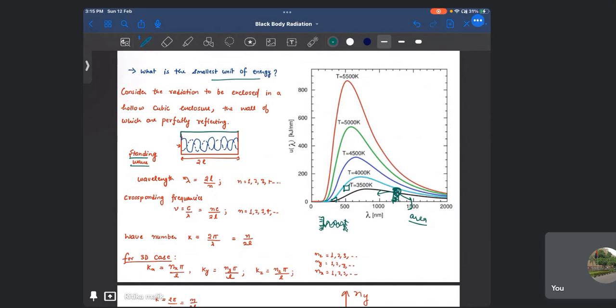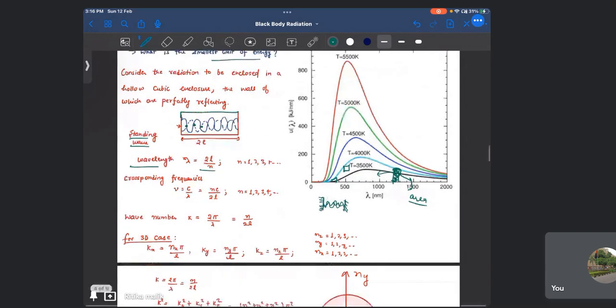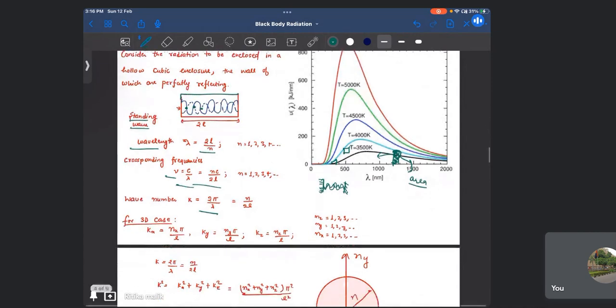And as you know, the wavelength of the standing wave is given by 2L by n, where n is the number of nodes formed in the standing wave, and L is the total length. The corresponding frequency nu is given by c by lambda, which can be written as nc by 2L. And the wave number k is given by 2 pi by lambda, which is n pi by L.